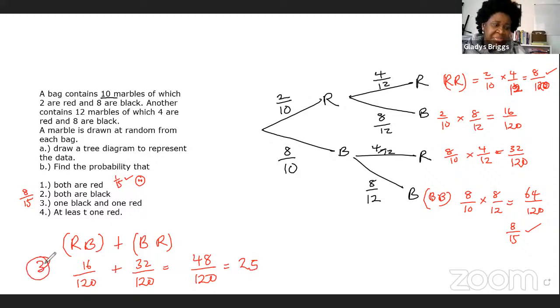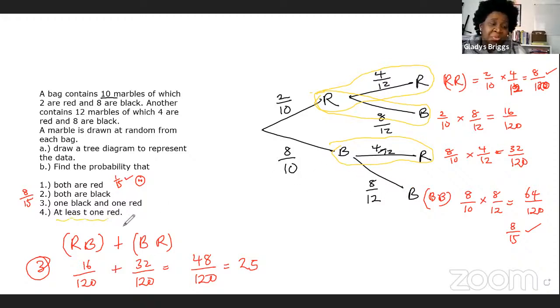Okay, this is question 3. So to have at least one red is this one. You can have red and red. You can have blue and red. You can have red and blue, blue and red, red and red, yeah? So the only one that does not have red in it is blue and blue.